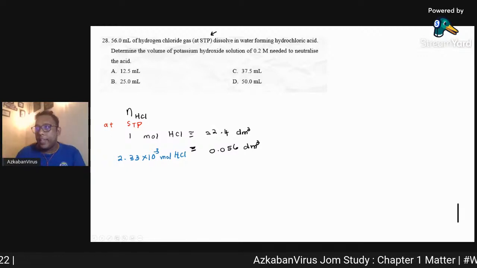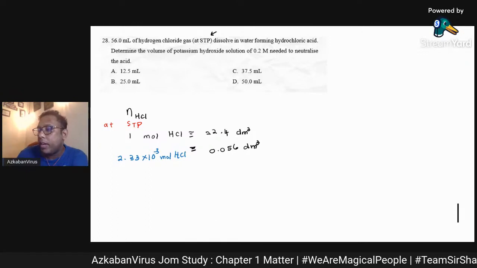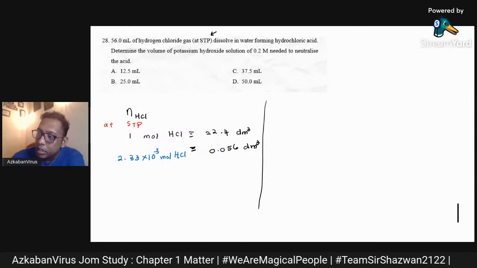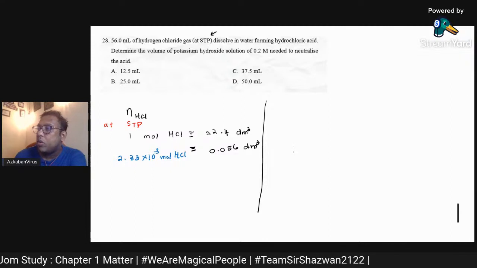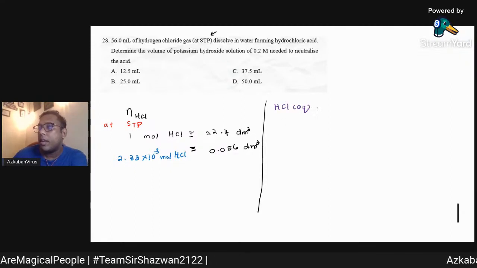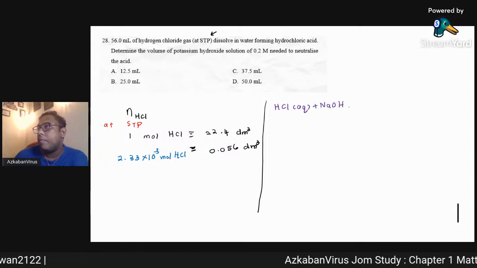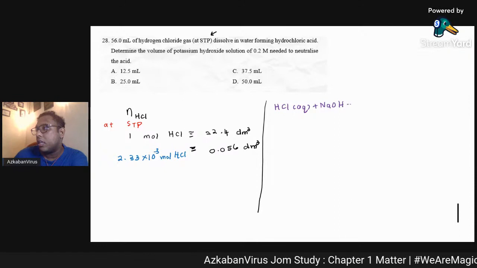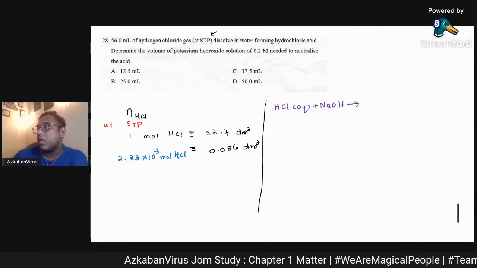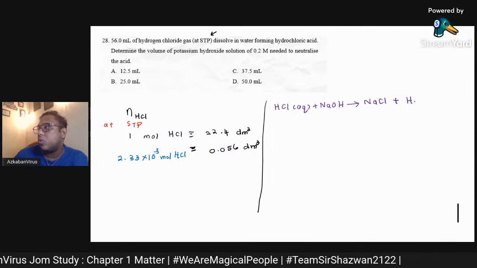Okay, so inilah HCl. So we know that this is a reaction between HCl and NaOH. So HCl tambah NaOH, dia akan menghasilkan NaCl tambah H2O.